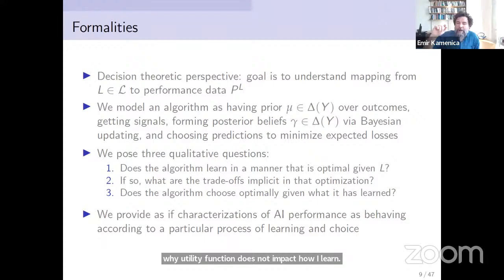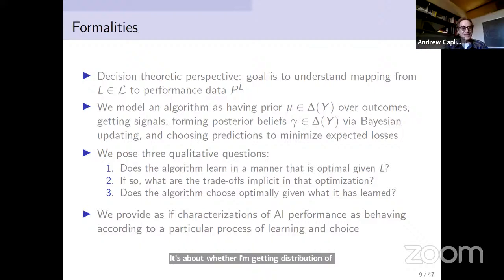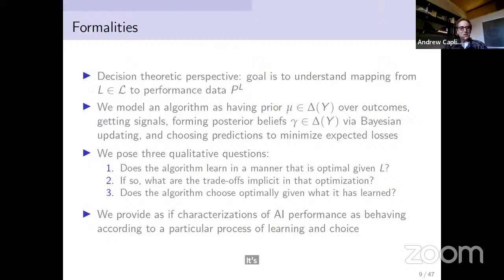Okay, so it's not about whether the posterior is correct given the signals. It's about whether I'm getting a distribution of posteriors that is consistent with some costly learning. So it's not about whether the posteriors satisfy Bayes' rule. It's about the distribution of posteriors. In a way, we will be imposing that the posteriors satisfy Bayes' rule, because they'll be inferred from the data.